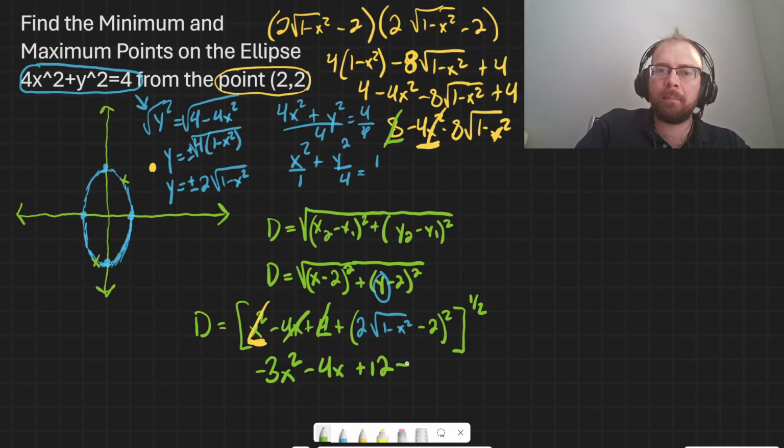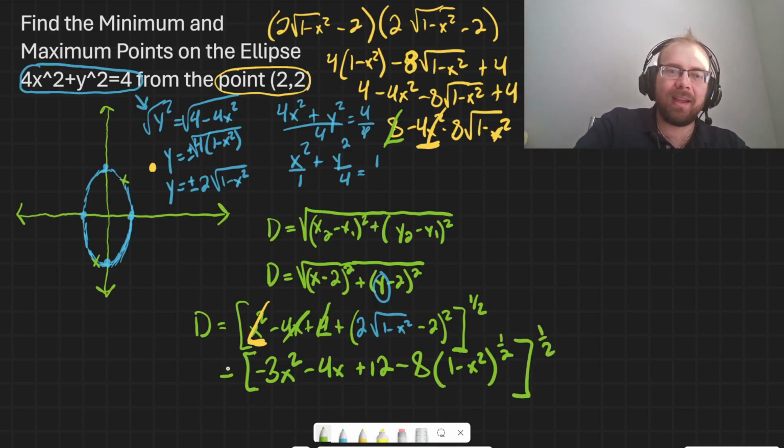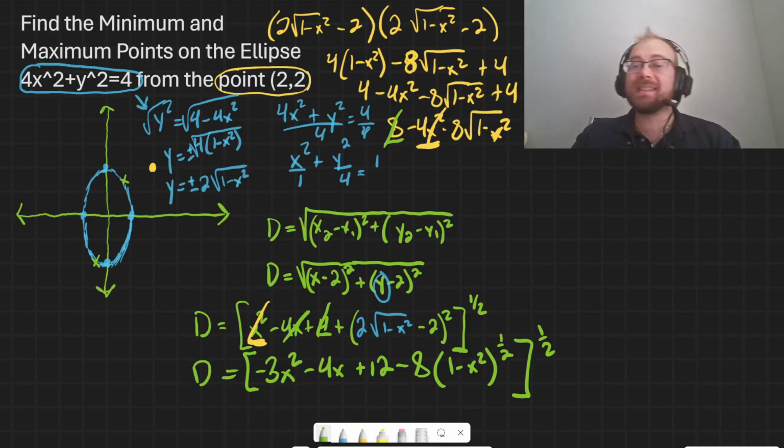So that's going to be a minus 8 square root of 1 minus x squared. And actually, because I'm about to take the derivative, let's go ahead and rewrite this as a 1/2 power. So it's 1 minus x squared to the 1/2 power. And then all of this is to the 1/2 power.